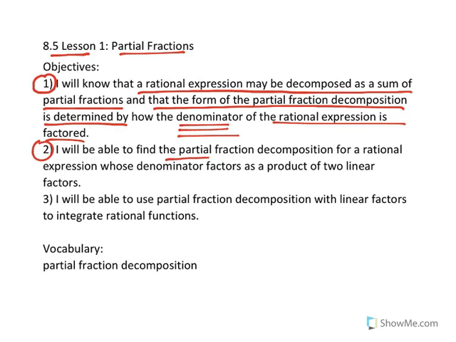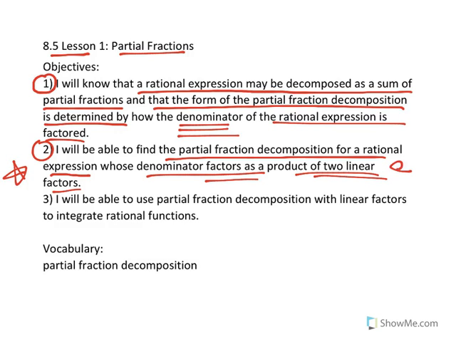Today we're only going to look at one of those forms. You'll be able to find the partial fraction decomposition for a rational expression whose denominator factors as a product of two linear factors. So that's the only one that we will consider today. And in fact, for the AP course, that's the only one that you're responsible for. But there are others, and we'll take a look at a couple of them in the next couple of lessons.